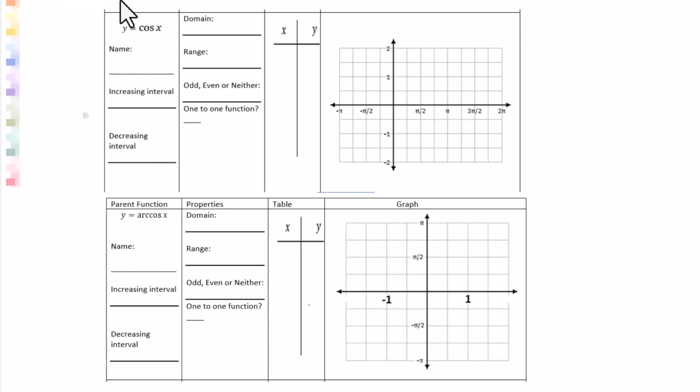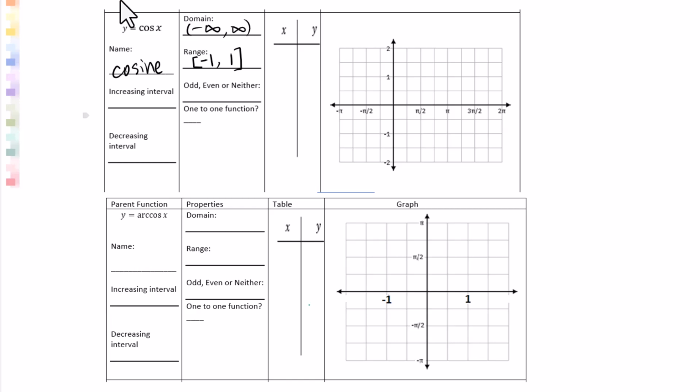y equals cosine x, the cosine function. Domain is all real numbers. Range is between -1 and 1.